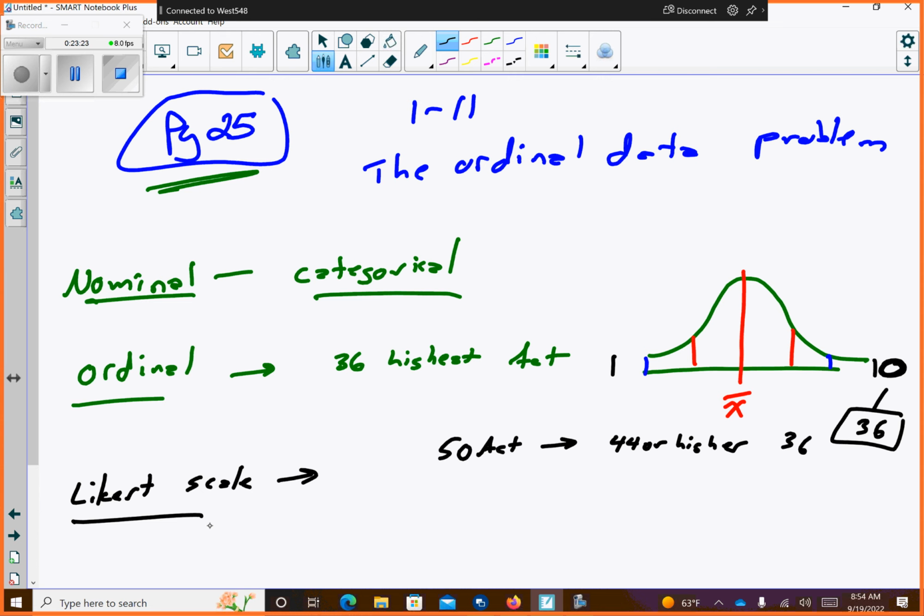The calculation must be made with some degree of skepticism. The mean as a statistic assumes a degree of precision in the observations that may not be present. Means and standard deviations of ordinal data are inadvisable and should be treated with caution.